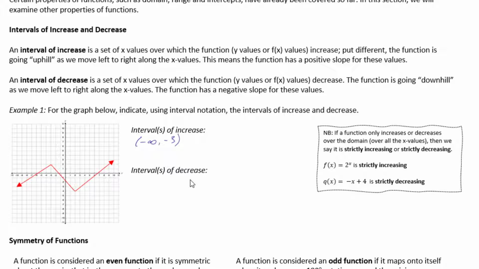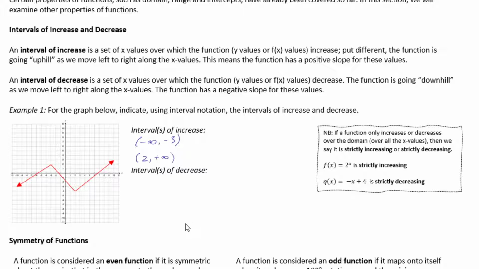So at the point it makes the switch, so from anywhere from negative infinity to just before that point, it increases. We also see over here, when x is equal to 2, all the way to positive infinity, we also have another interval of increase. So what I'll write here is, from 2 to positive infinity.